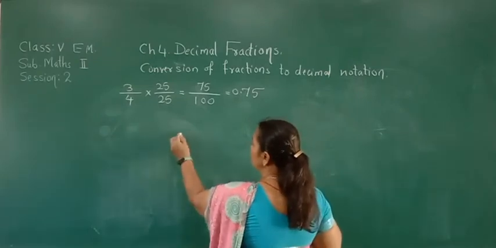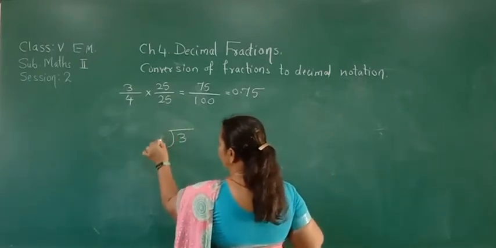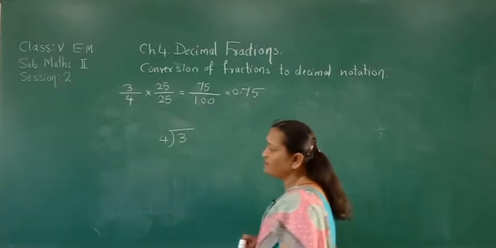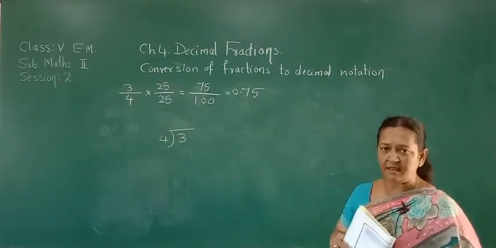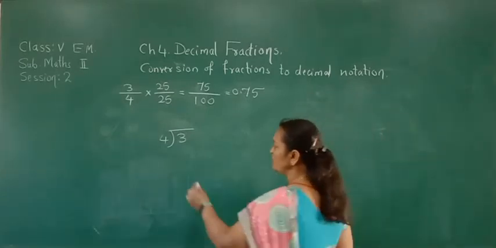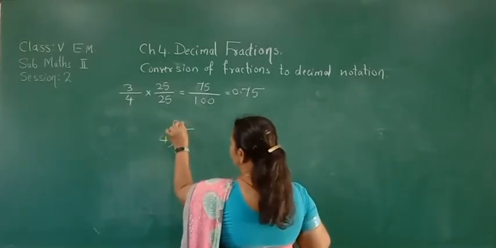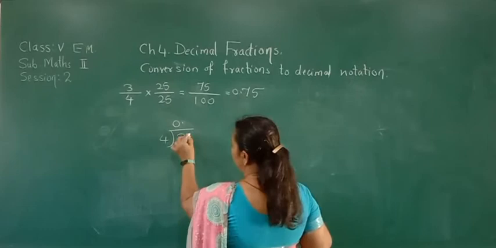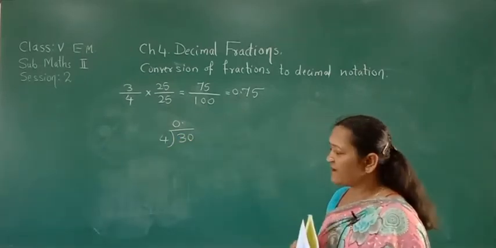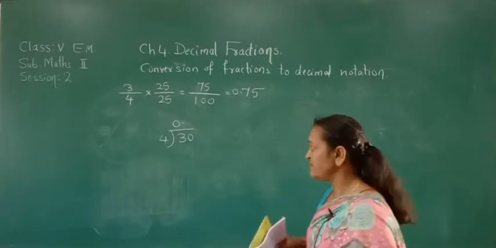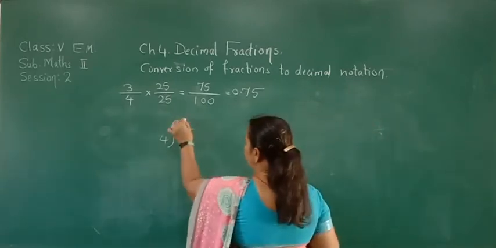Or you can divide 3 by 4. Check here, 4 is bigger than 3. It is not possible to divide 3 by 4. So what do we do? Here write 0, then put a decimal point and add 1 zero. So in the 4 table where do we find 30? 4 7s are 28, isn't it?